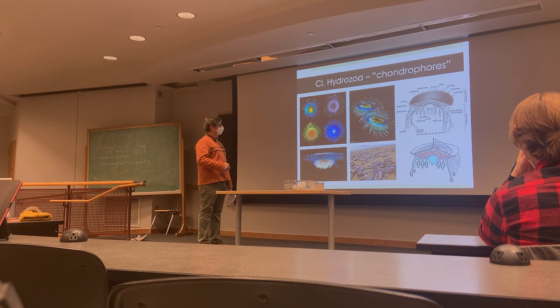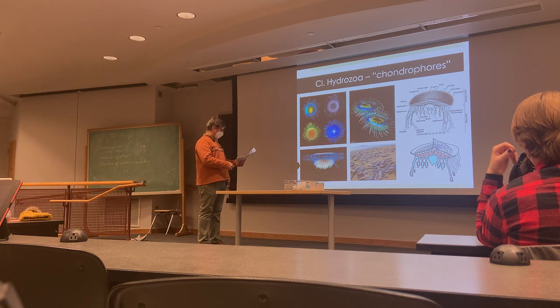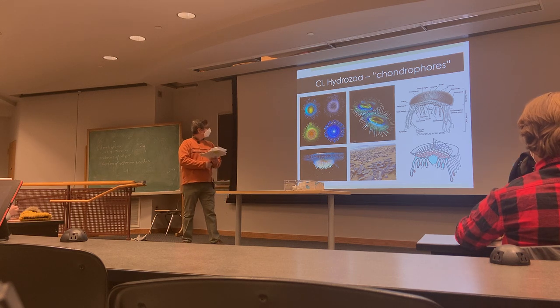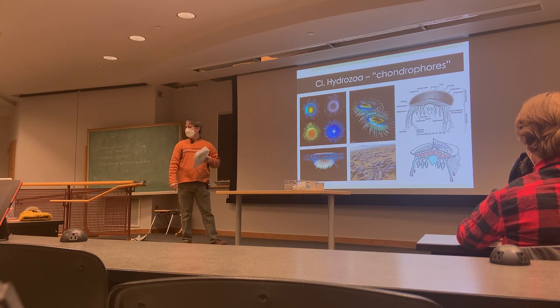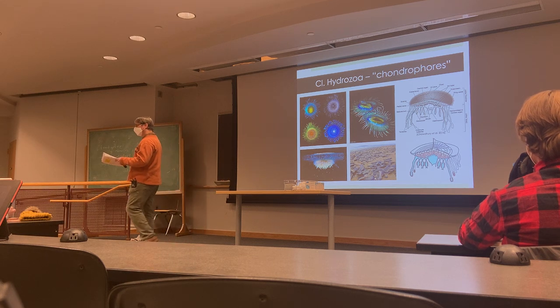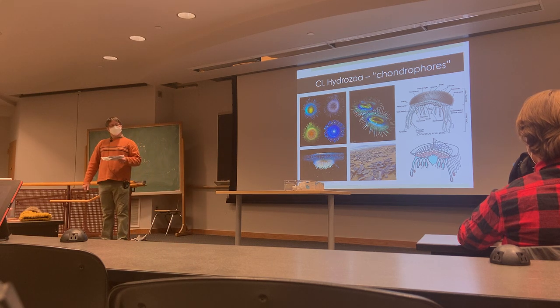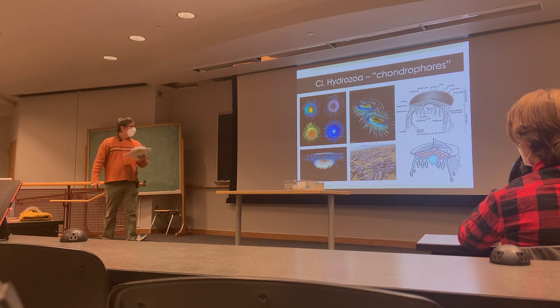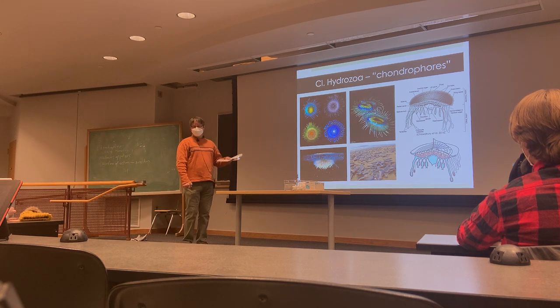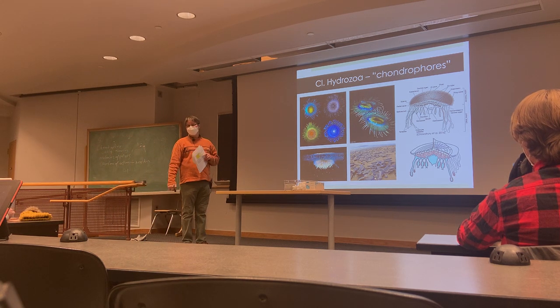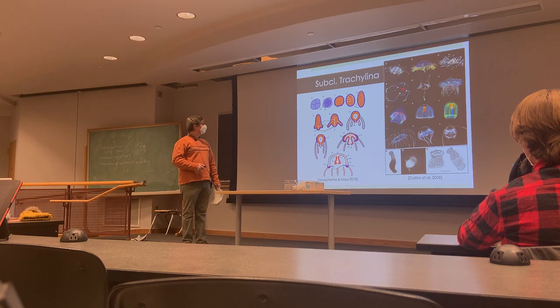And I know I wrote it down. I don't know all 4 species, but there are just 4 species of these chondrophores. But they can be something that you commonly come across, at least when you're at a beach or doing neuston tows, like a plankton tow, but on the surface of the ocean.